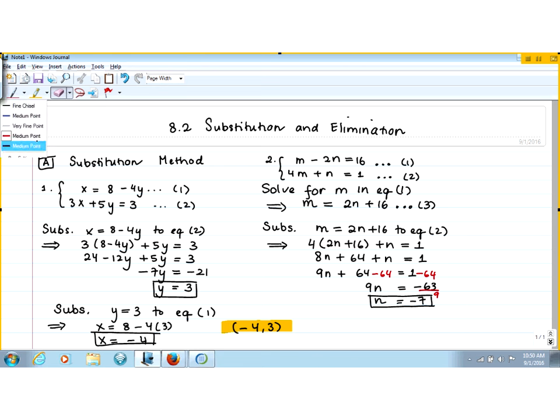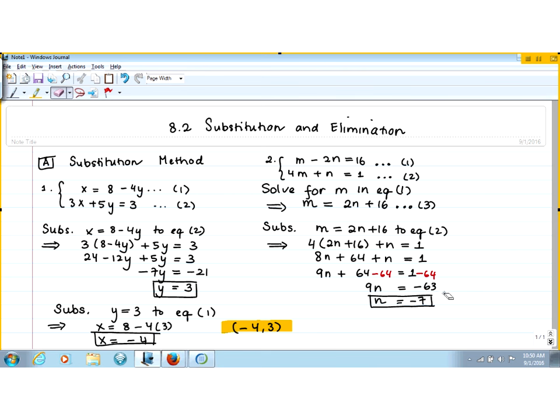Look at this. If I have 9n is equal to negative 63, is it the same as 9n is equal to negative 63 divided by 9? No. That's why if you decide to write it, you have to write divided by 9 to both sides. Is it okay? So either you write it to both sides or don't write it. Yeah?